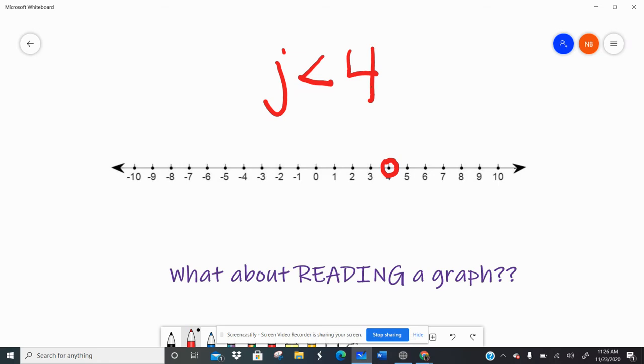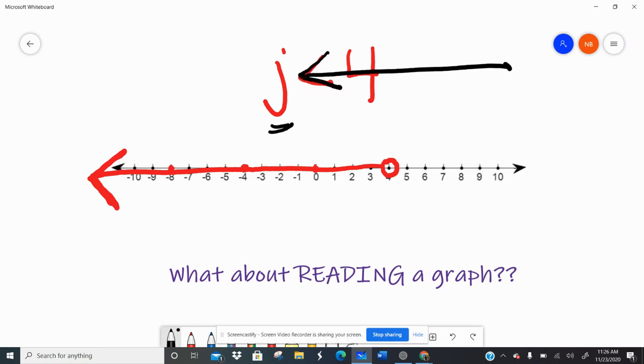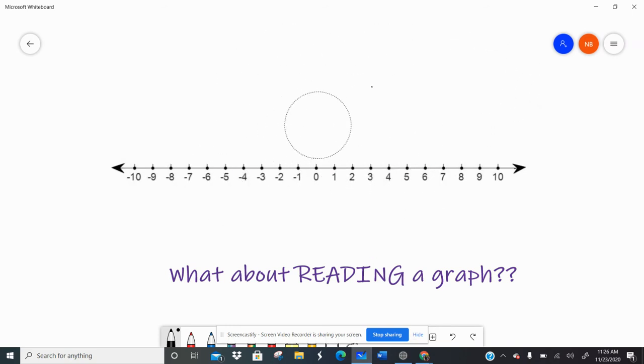Well, 0 is less than 4, -8 is less than 4, -4 is less than 4. So I'm going to the left, and I put that arrow at the end. Remember, less than left, greater than right. And if my variable's first, my inequality sign is the arrow. Boom, nailed it.